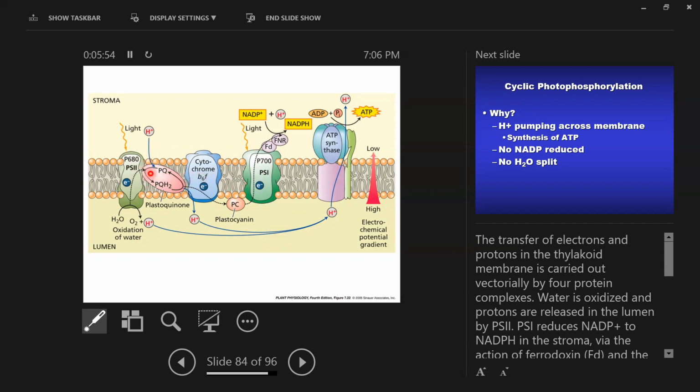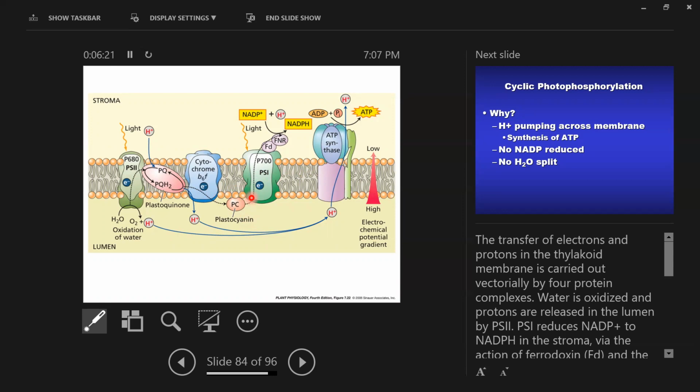So if PQH2 levels are building up, that pretty much means that photosystem 1 isn't getting hit with enough light energy. Does that make sense? So it's kind of backed up. It's like, I've got nowhere to go. I can't deliver my electrons through to plastocyanin because plastocyanin is bogged down waiting for photosystem 1 to get excited.